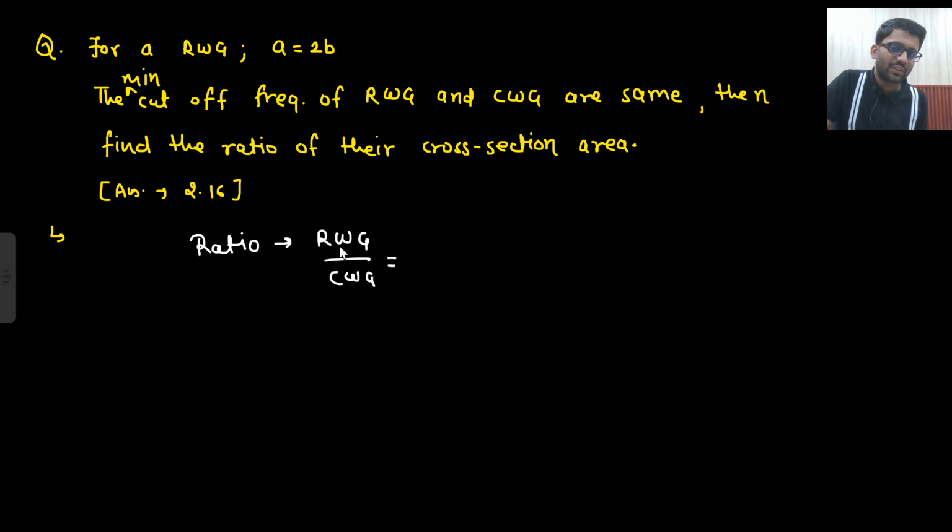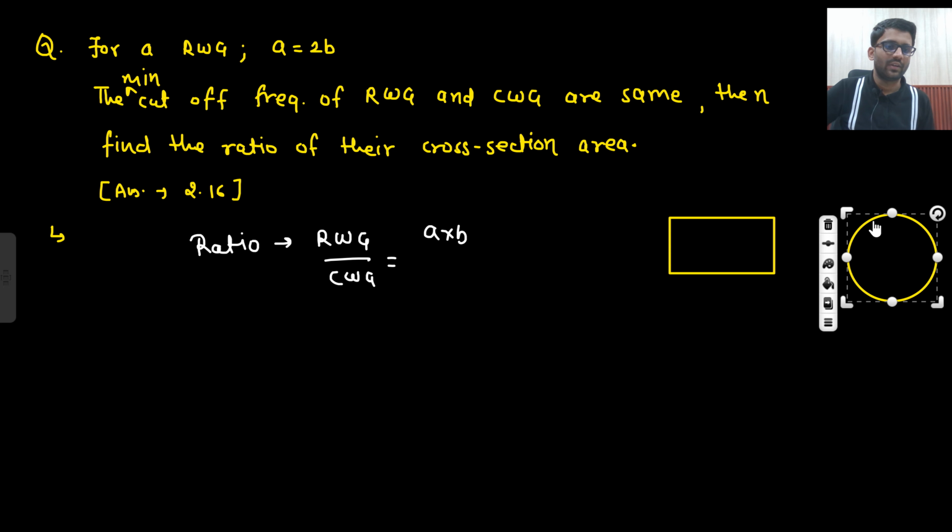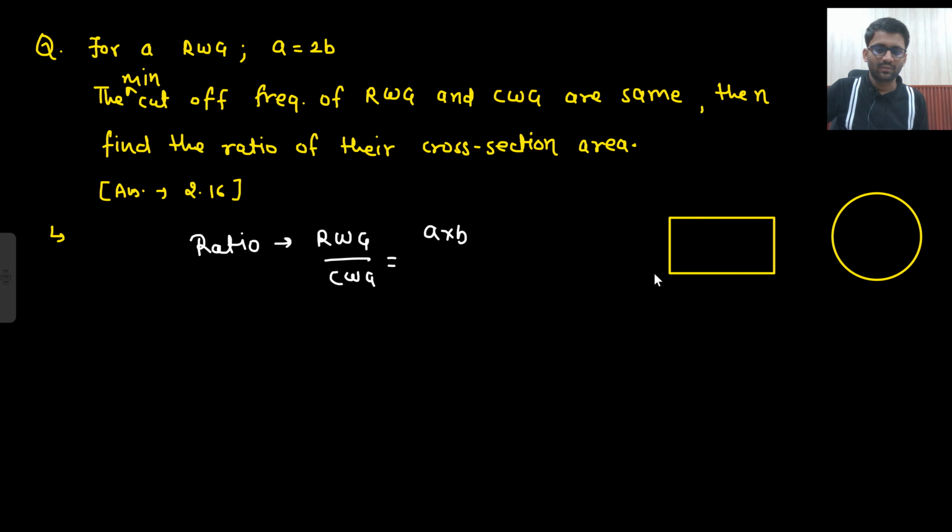So what will be the ratio of their cross section area? The cross section area of a rectangular waveguide would be A into B, because this is my rectangular waveguide and this is the cross section of my circular waveguide. So here this is my A and this is my B, which is A by 2.